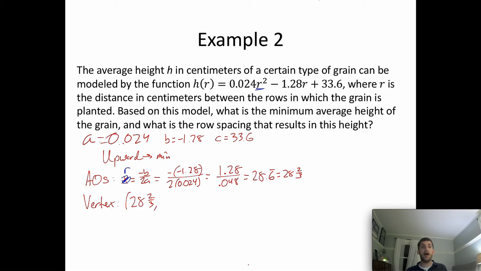To find the output, the height, we're going to plug it in. So we're going to do h of 28 and 2/3, or 28.6 repeated. It's usually easier to just type in 0.6 repeated forever on there. So we're going to do 0.024 times 28.6, and you'll just punch in 6 repeated a bunch of times, squared, minus 1.28 times 28.6 repeated, and again, just punch 6 a bunch of times and then close the parentheses, plus 33.6.